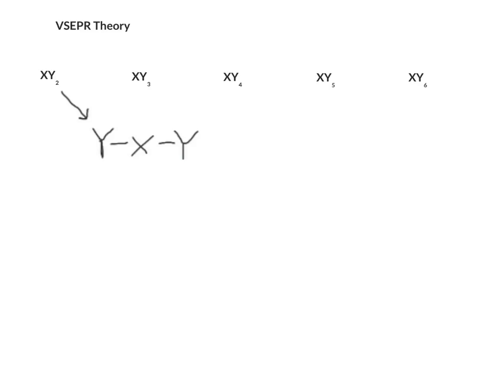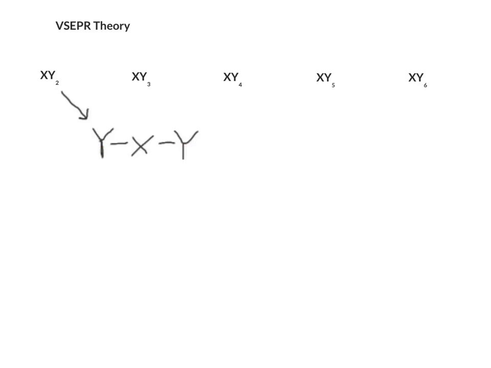The examples up here do not have any lone pair of electrons. We'll talk about geometries with lone pair electrons in a future video. So here, one central atom and then two bonded atoms.